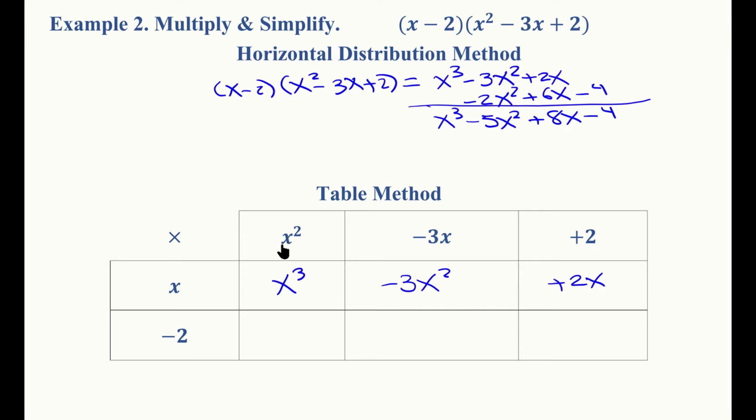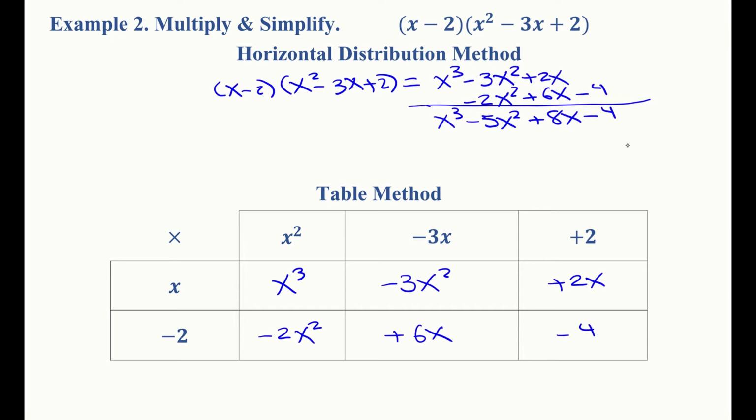Here we have negative 2 times x squared, which gives us negative 2x squared. And negative 2 times negative 3x will give us positive 6x. And negative 2 times positive 2 will give us negative 4.